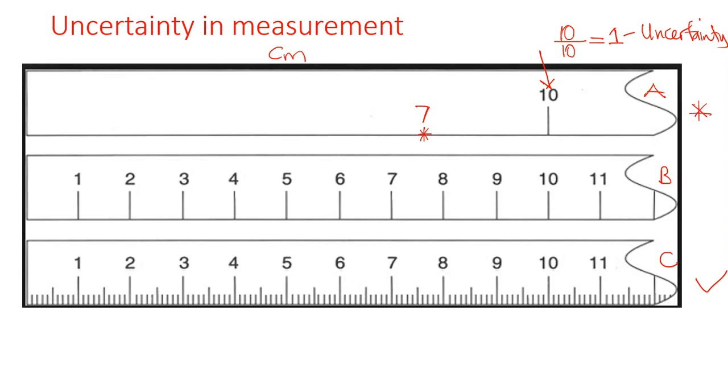So 1 is my uncertainty. And to show this uncertainty, I will say this measurement is 7 plus minus 1. What does it mean?